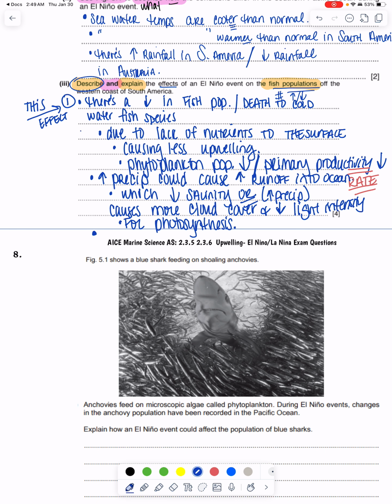Because of these factors occurring, there's less fish breeding. These are the explains. And you need any three of these. So the one from what is the effect, and then the reasons for it.